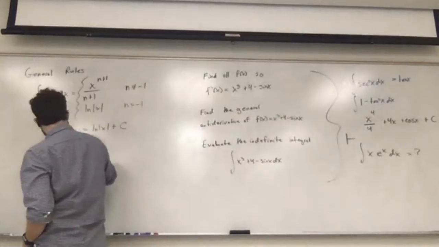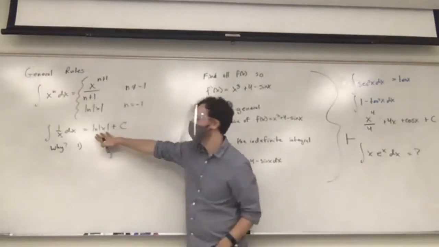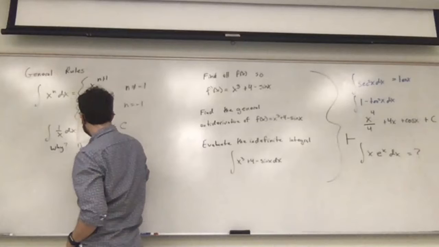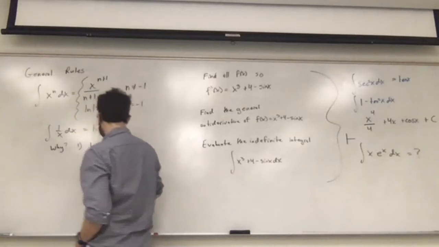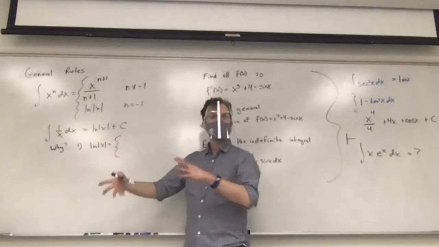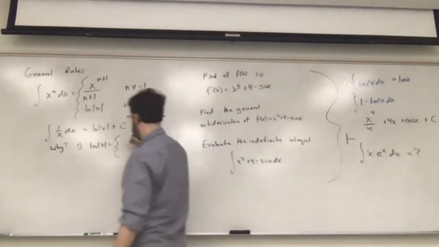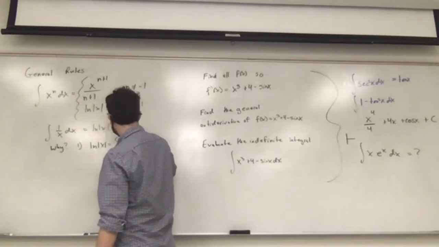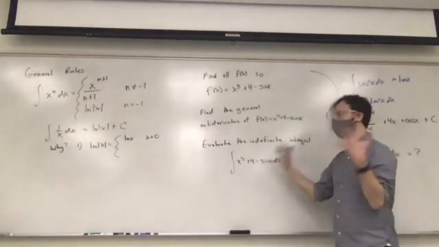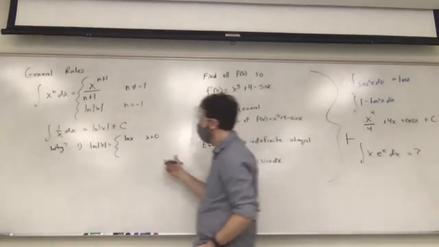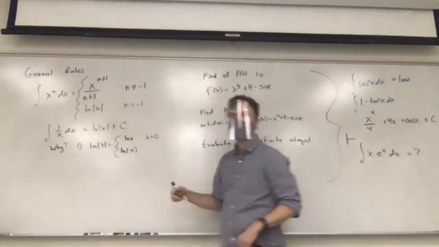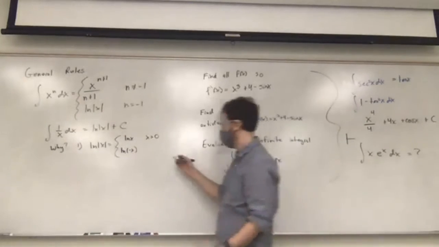So the first thing is this function, the natural log of the absolute value of x. The absolute value is x if you're positive and negative x if you're negative. So this is another piecewise function that is just the natural log for positive things. But if you put in something negative, it adds an extra minus sign and makes it positive.